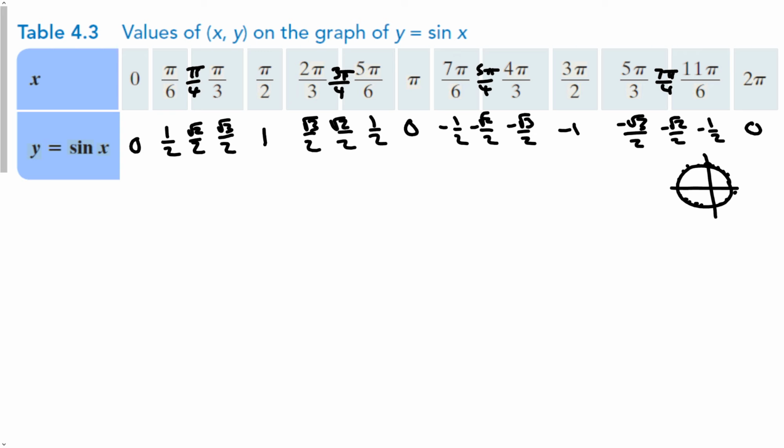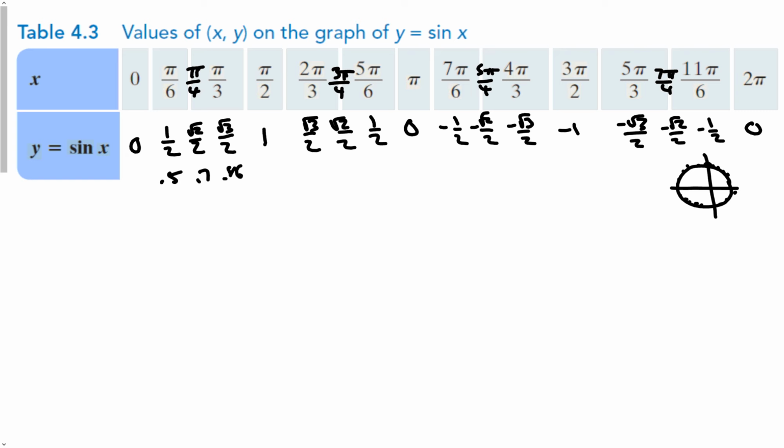So when we look at this, we can see that the values are going up, right? If you need to compare these, 1/2 is 0.5. Radical 2 divided by 2 is about 0.7, and radical 3 divided by 2 is about 0.86.